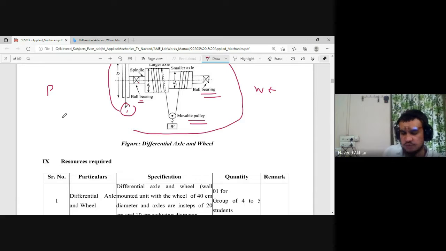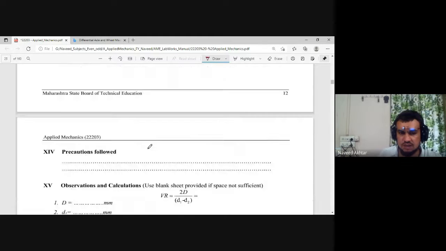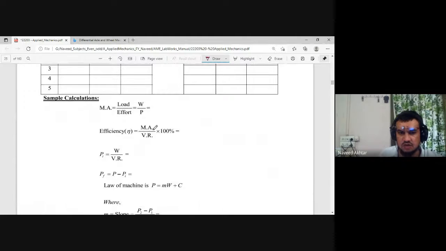So if you put the load value 20 Newton, and if you put here 5 Newton, then the load is lifted, and then you have to find out the mechanical advantage. Mechanical advantage is nothing but load upon effort. Okay. Now you can find out the mechanical advantage.